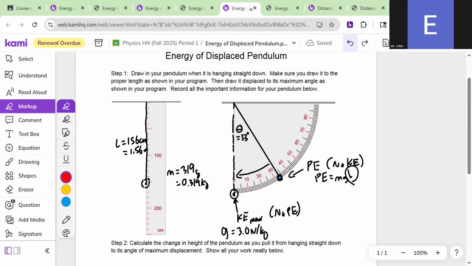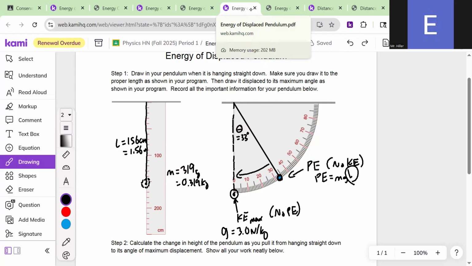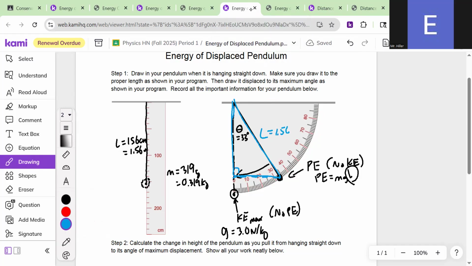Okay, I want you to make yourself a triangle. First of all, go to your drawing tab. We're going to draw a dashed line that goes all the way over like this. Hopefully you guys can see the right triangle that develops there. This is still the length of your pendulum, which in my case is 1.56 meters.